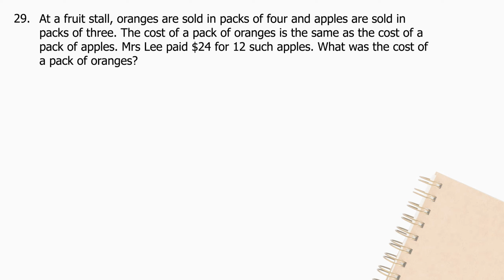Question 29. At a fruit stall, oranges are sold in packs of 4, and apples are sold in packs of 3. The cost of a pack of oranges is the same as the cost of a pack of apples. Mrs. Lee paid $24 for 12 such apples. What was the cost of a pack of oranges?